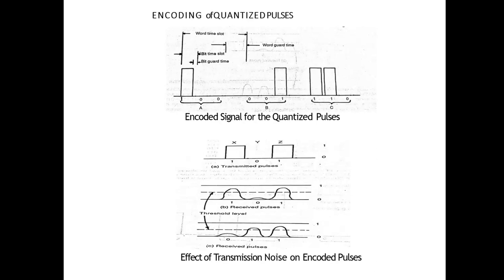See this figure: the first is the transmitted pulses, zeros and ones. Noise affects them, and we get the received pulses as shown in the figure. We cannot get the original transmitted pulses. These are the effects of transmission noise on encoded pulses.